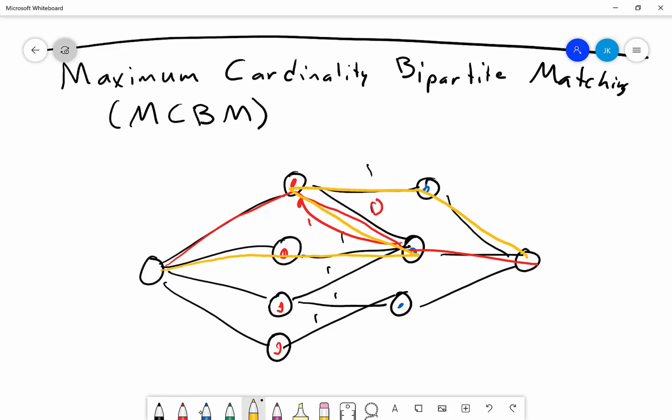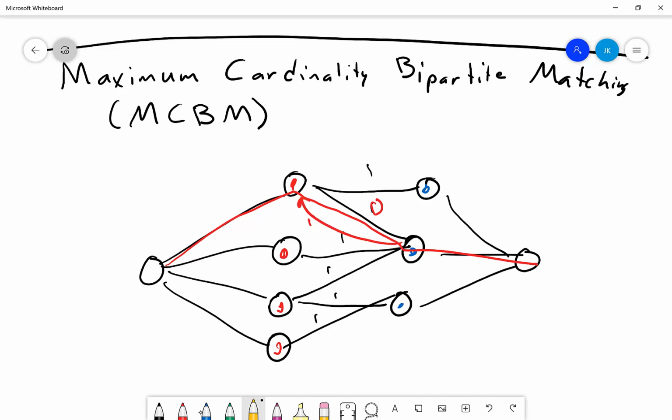And what that would do then is, as I adjusted that path, this would come back to be 1, and this would come back to be 0, and this one would have been 0, and so on. And the end result would be this link and this link being the two that were left out of that, or that were the result of that. Okay, so it's that residual capacity. Again, the residual capacity is the thing that would let me go back along this route to undo the choice that I made to begin with.